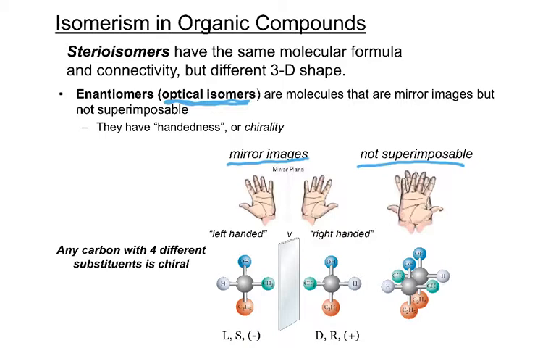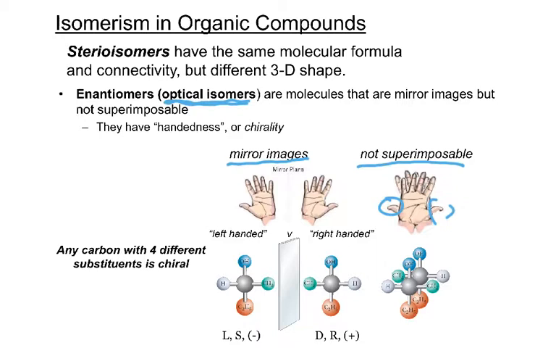And they are perfect mirror images of each other. Your thumbs line up, your middle fingers line up, your pinkies line up, right? But if you try to put your hands on top of each other, so like palm to back, they don't line up. Your thumbs stick out because your right hand and your left hand have different handedness.